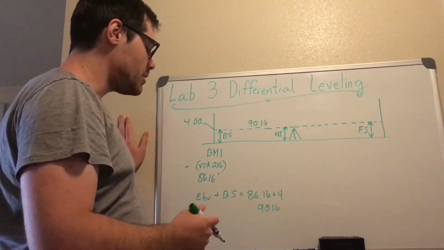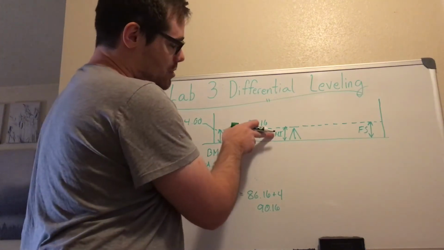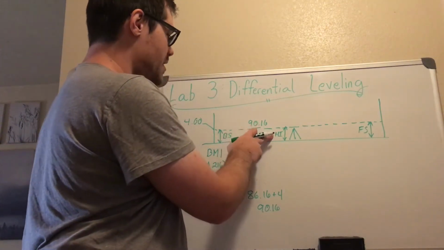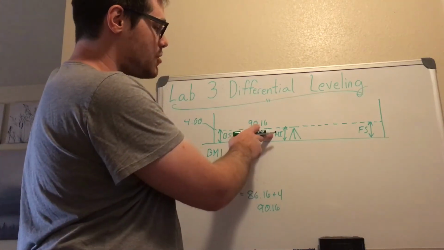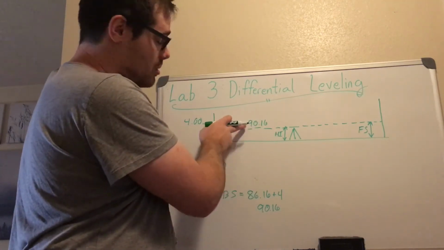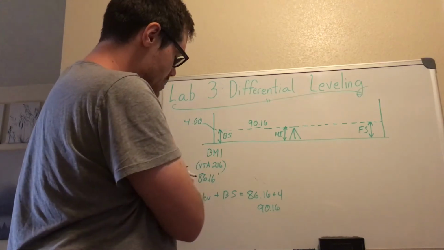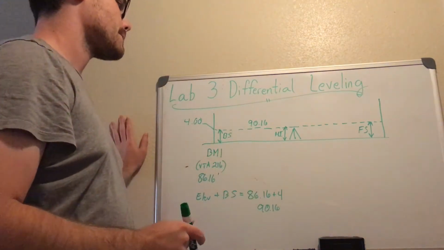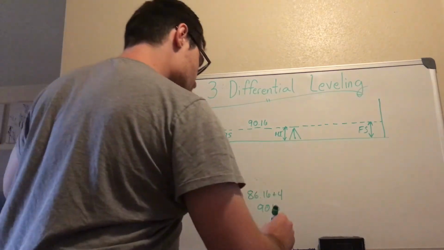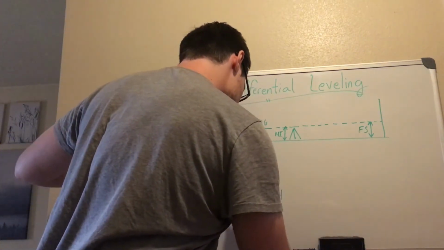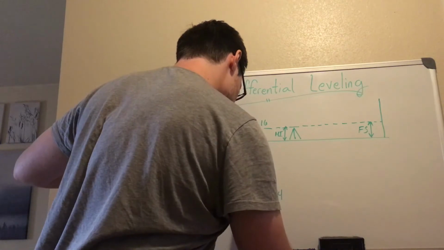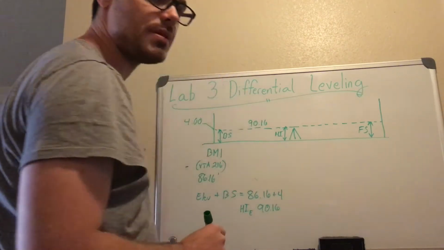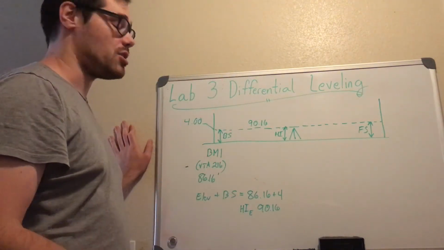Okay? We don't actually know this small HI, but we do know the height of the instrument compared to sea level, just like we know that this is to sea level, and we know the height to that line. Okay? So we have this, and I'll call this HI sub E, because we know it's our height of instrument elevation.